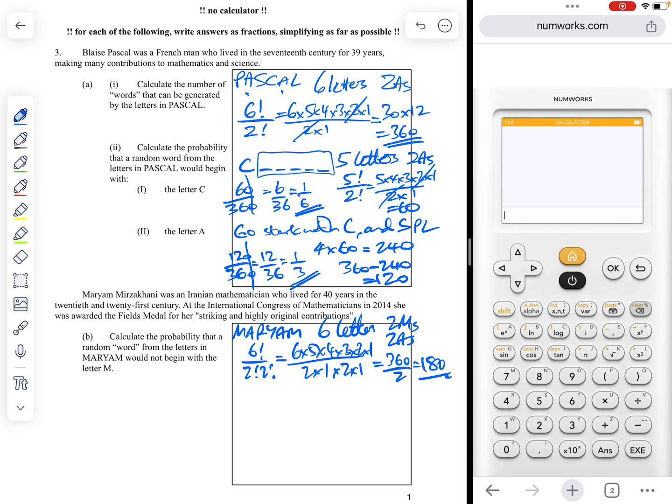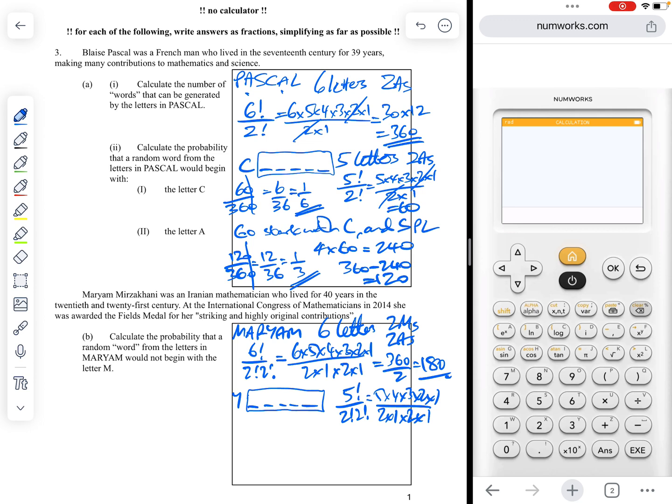Right. If we took, for example, the letter R, 1, 2, 3, 4, 5, words beginning with R, that would be 5 factorial over 2 factorial, 2 factorial, which is 5 times 4 times 3 times 2 times 1 over 2 times 1 and another 2 times 1.